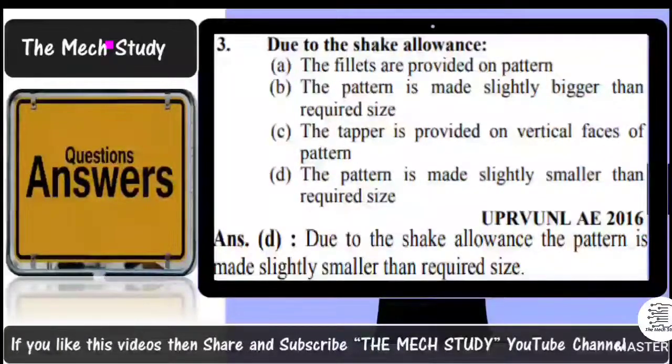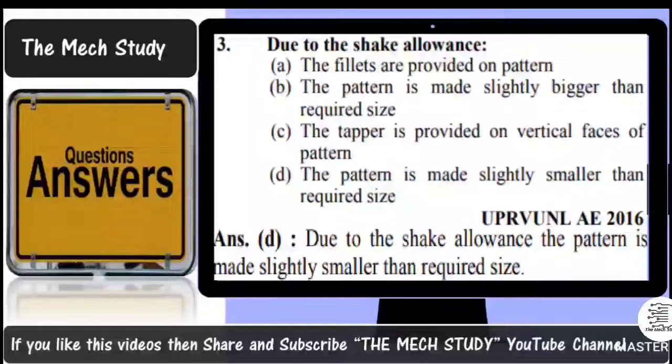As you are aware, if you prepare a pattern of exactly the same size as the product, then after casting it is not possible to remove the pattern easily, because the product has expanded by a certain amount and restricts removal from the mold. So you need to give some allowance. Sometimes it is a positive allowance, sometimes a negative allowance, depending on the case.